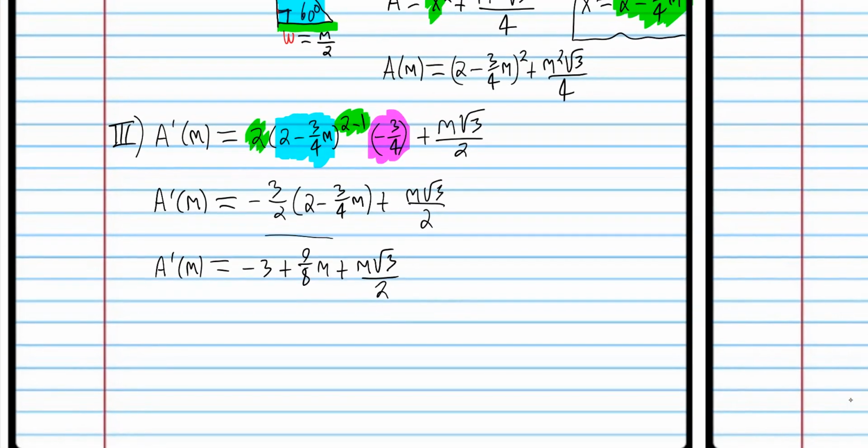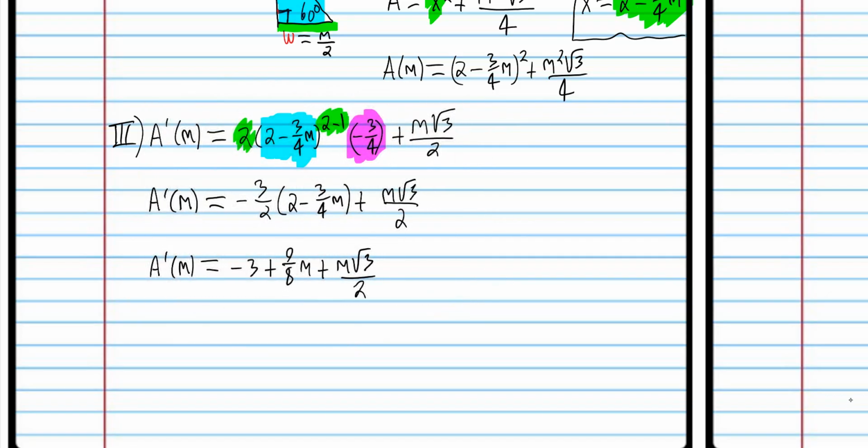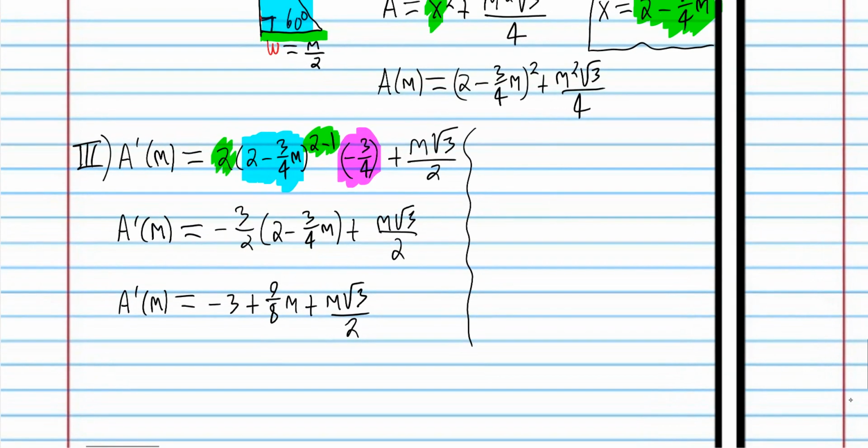So now we want to find the critical numbers of the derivative. The critical numbers are the numbers that make the derivative undefined or equal to 0. So there's no m values that are going to make the derivative undefined. But we can make the derivative 0.